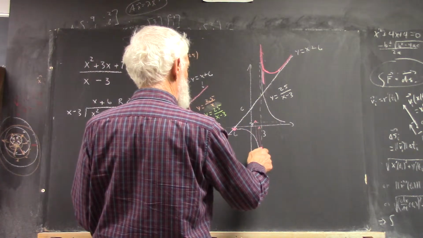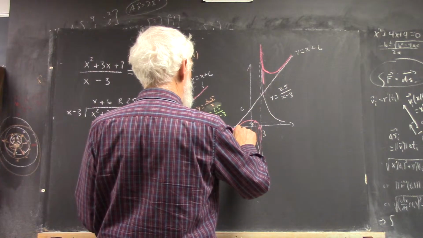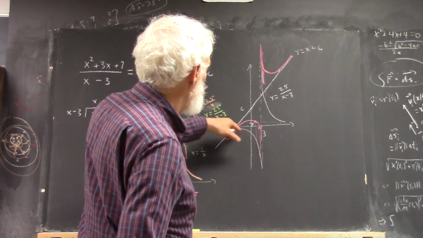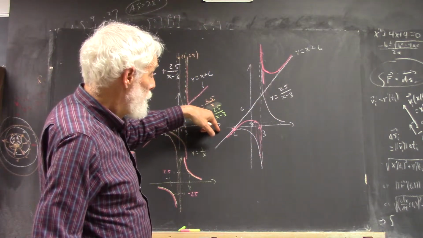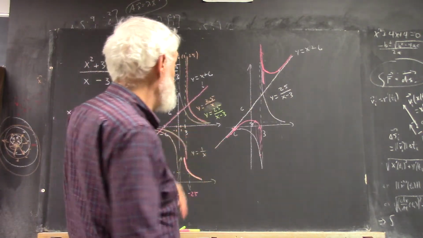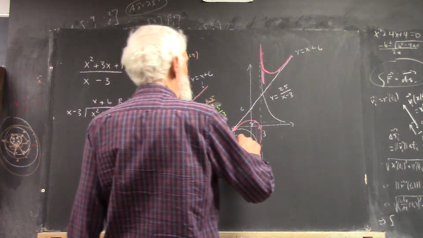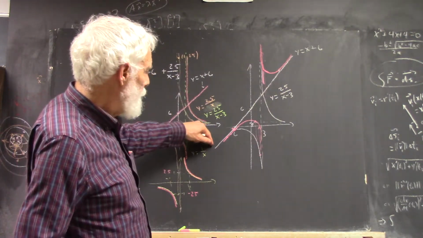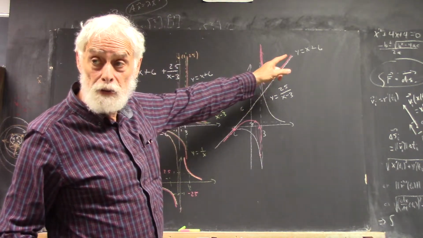Anyhow, the graph is going to then come up like this, turn around. And since this graph is giving us tinier and tinier negative y values, we're going to stay down below this graph, but we're going to get very close to it. So we have a graph that has an asymptote to this straight line. That's called a slant asymptote.